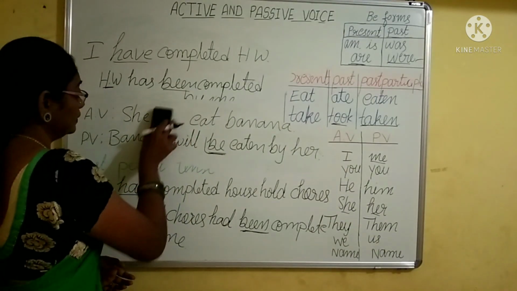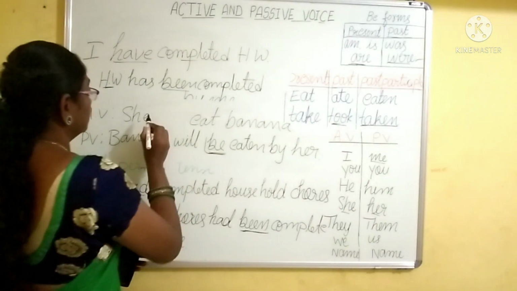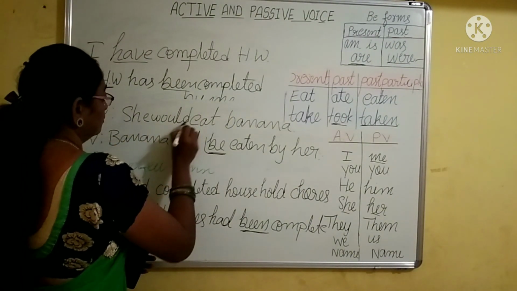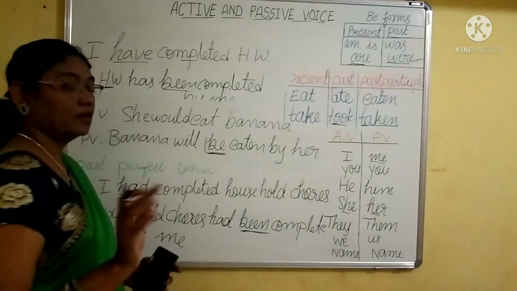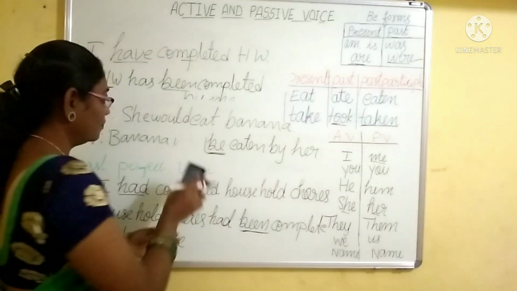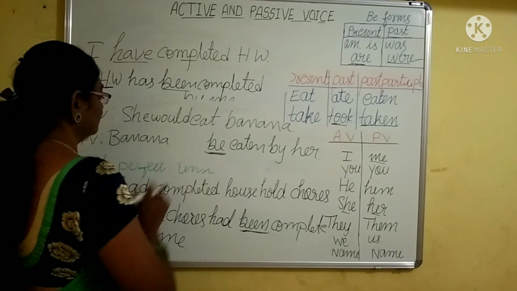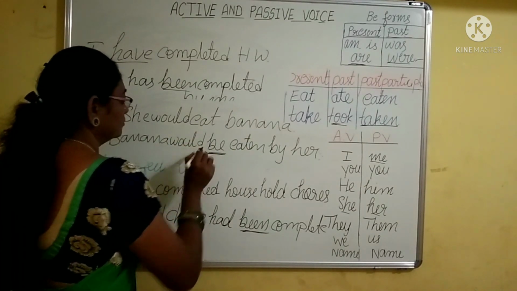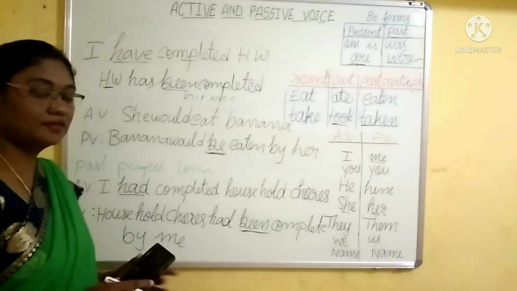In place of will, would. Don't worry, you just add be, the same word, would be. Got it?